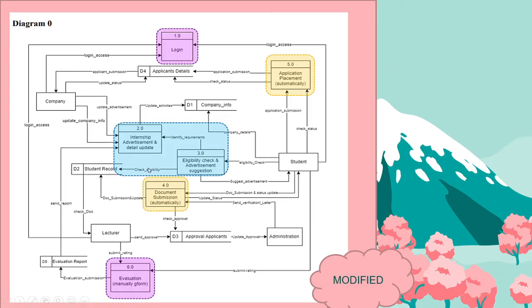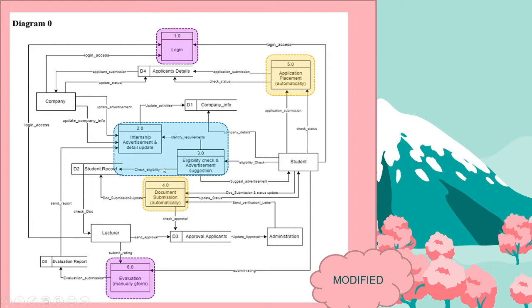Over here we have made the physical DFD, as you can see. We have mostly changed the manual processes to automatic ones, such as application placement and document submission, which are time consuming and used to be manual. We changed it so that you fill up the forms online. You don't need to print out the form or go to the office to submit it. Besides that, we have added advertisement suggestions, where students check their eligibility and then the system suggests which internship vacancies are suitable for them.